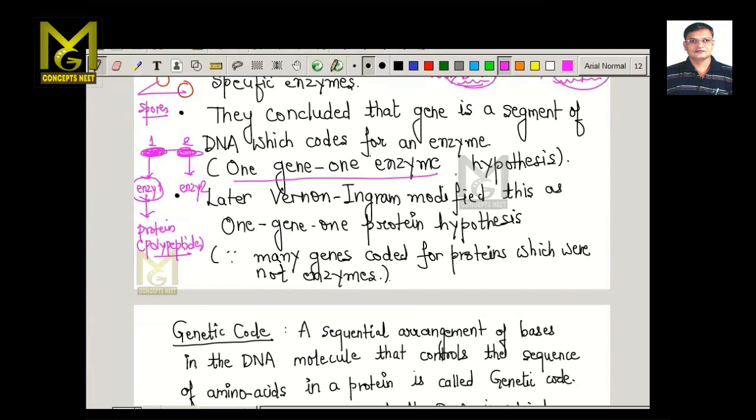Therefore, this hypothesis was modified by Vernon Ingram as one gene, one protein, or one gene, one polypeptide hypothesis. The reason, as I told you, is that many genes coded for proteins which were not enzymes. So not all the proteins were enzymes, and therefore this modification was done.